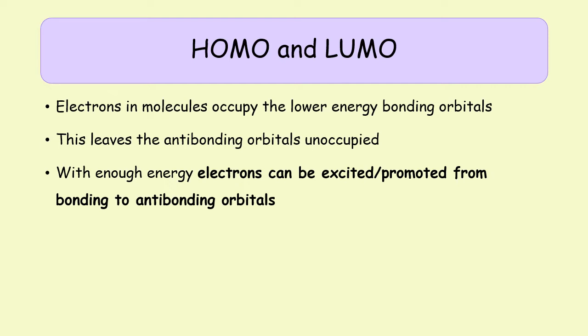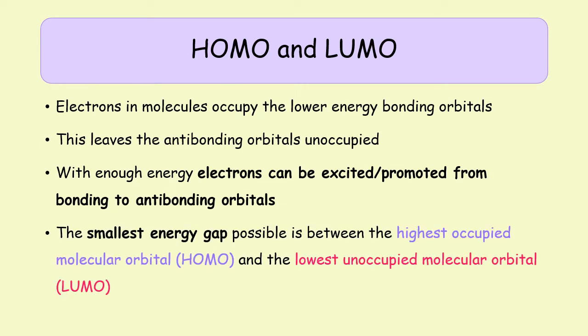If you give a molecule enough energy, you can make the electrons excited from the occupied molecular orbitals to the unoccupied molecular orbitals. And a compound will absorb energy, causing that promotion or that excitation of the electrons.